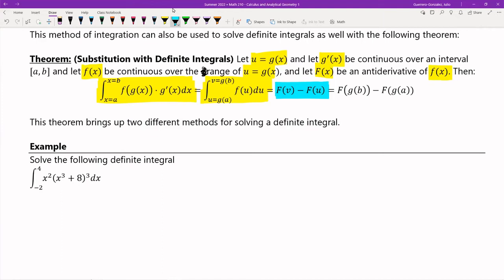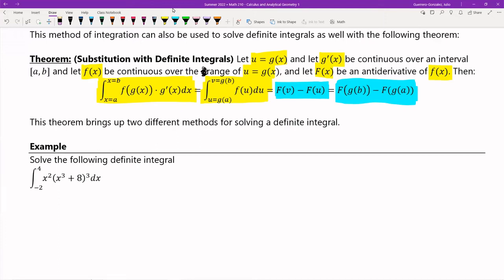If you remember the evaluation theorem, the second fundamental theorem of calculus, if I have the antiderivative, then I can just plug in the upper limit and the lower limit and subtract them. Which is equivalent to this right here, and this is basically undoing the substitution from the very beginning, the u equals g of x.